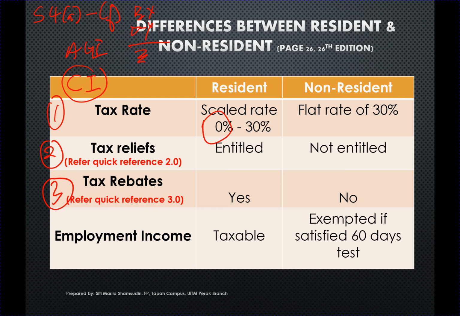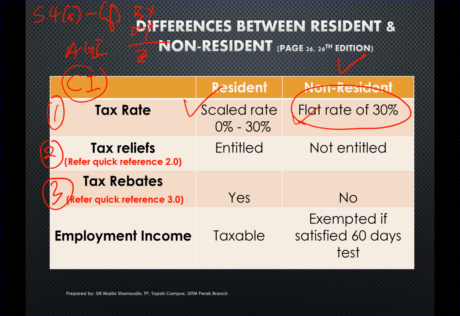Meaning to say, those who have higher income have to pay higher tax, which is very fair actually. But if you are a non-resident, for tax paying purposes, you are going to be taxed at a flat rate of 30%, which is a lot, which is very high. So definitely, which one is much better, scale rate or flat rate? Scale rate, because the rate will increase gradually depending on the amount of chargeable income that this taxpayer has.